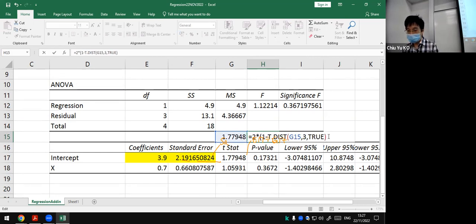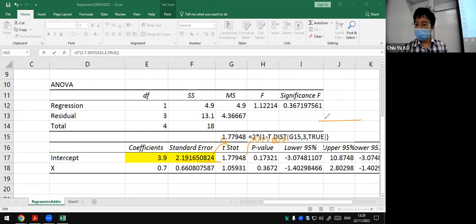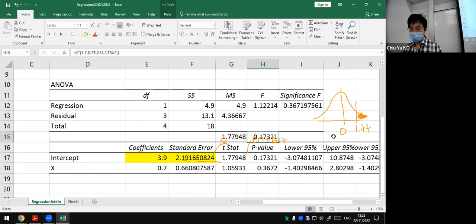And 1 minus, because you know it's on the right-hand side. The reason why 2, 1 minus is this, right? Remember, center is 0. Here is 1.77. You leave this area, right? But you calculate the left area, right? Then you have to do 1 minus to get the right area and multiply by 2 because of this equation. So that's why you get 17%. Okay. So I hope that becomes clear how you calculate this too.